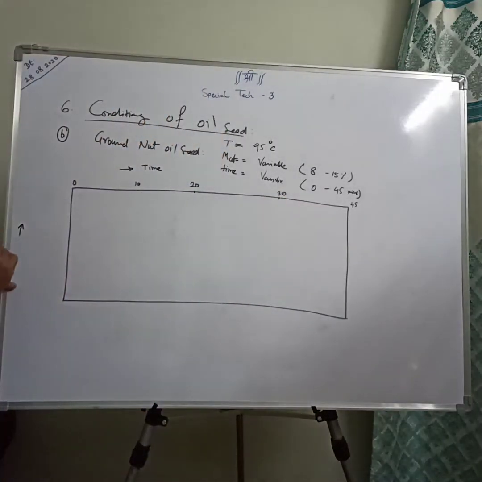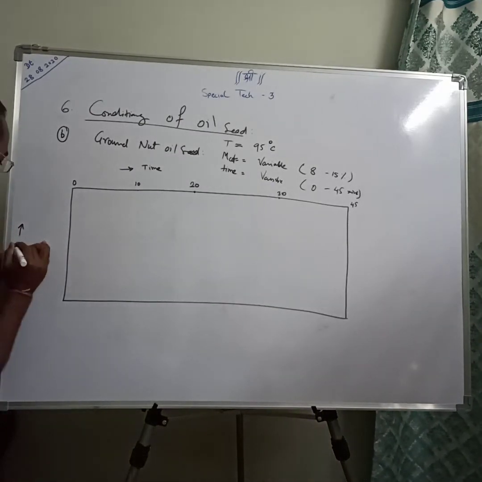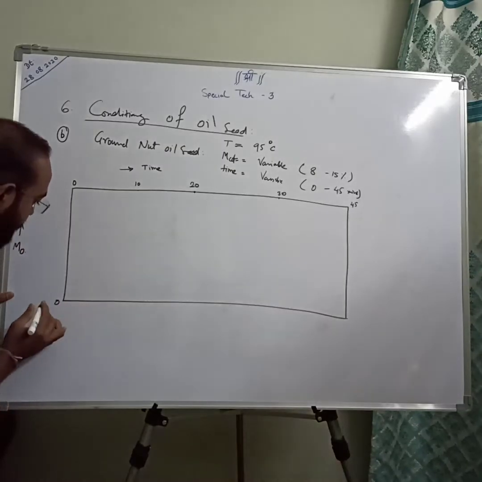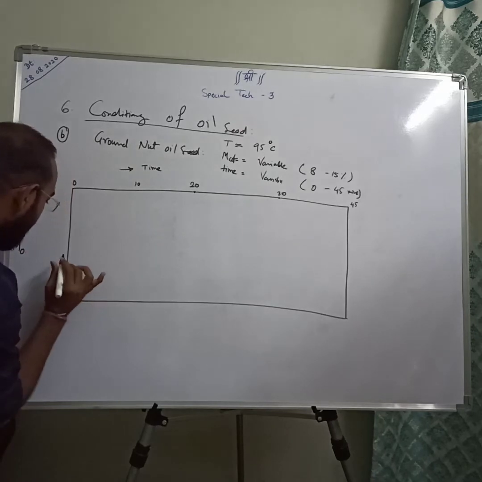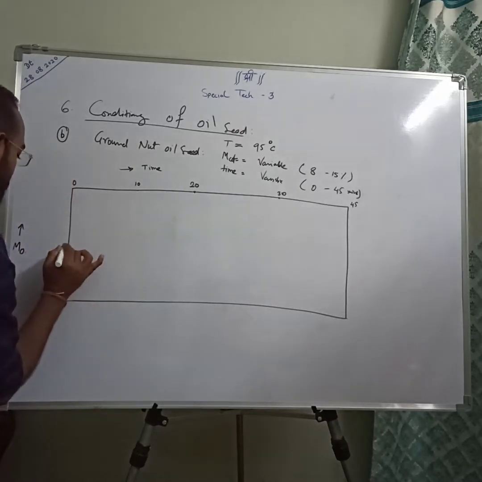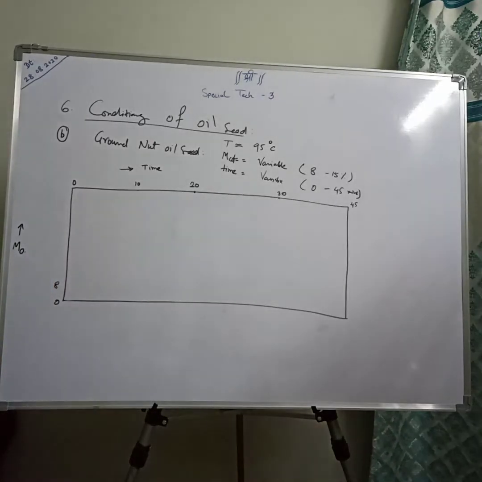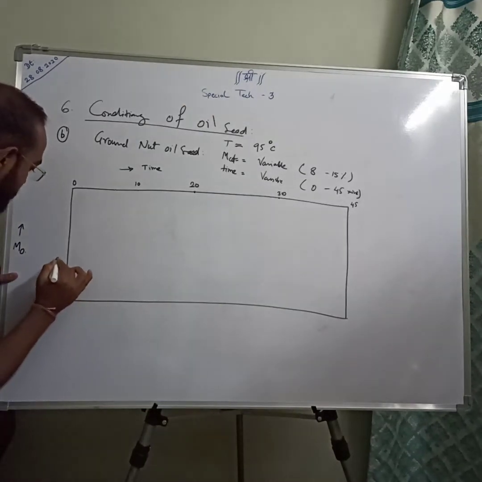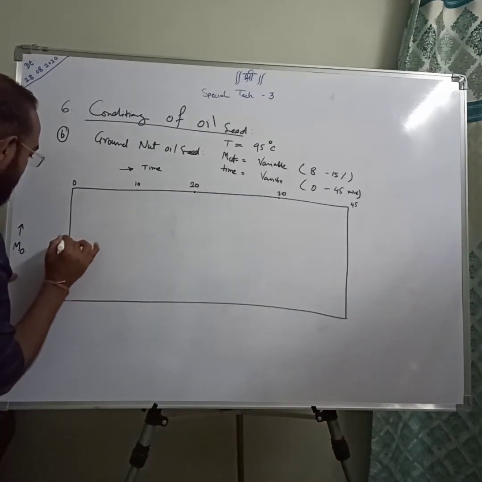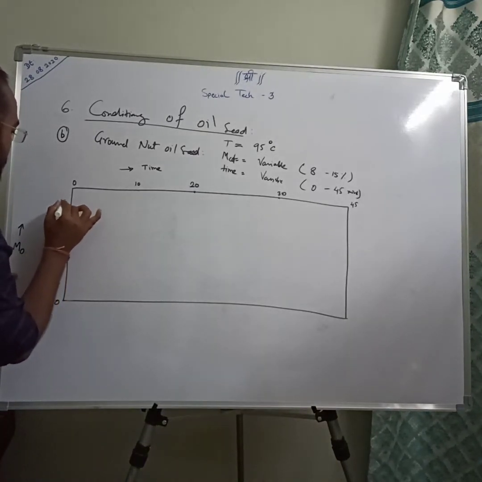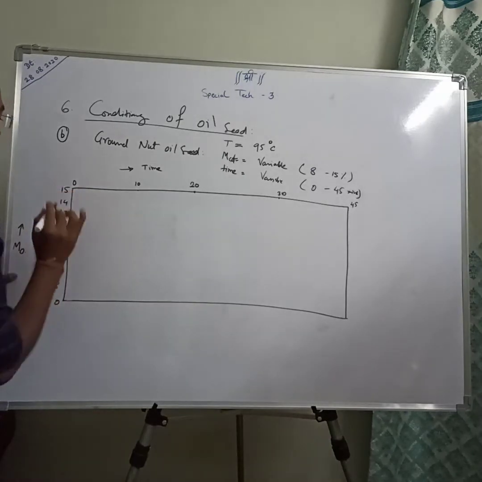Okay. So here is moisture content. Initially it is 0. So what is it? 8, 9, 10, 11, 12, 13, 14, 15.